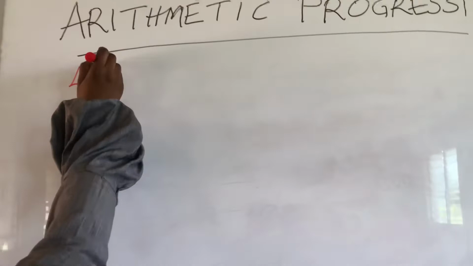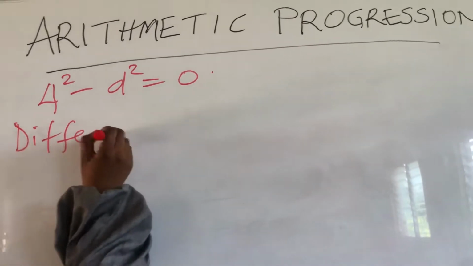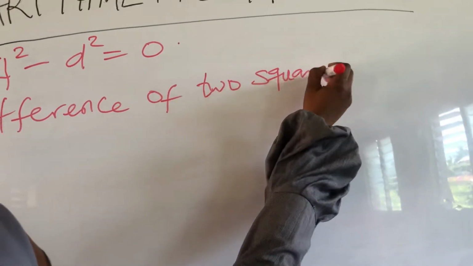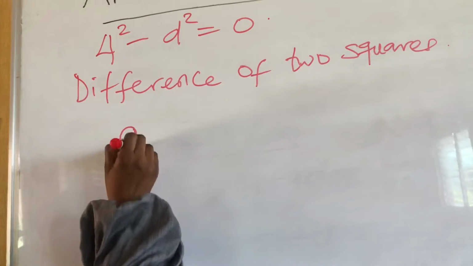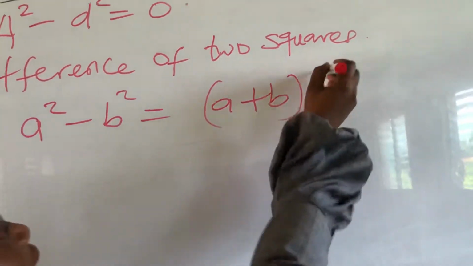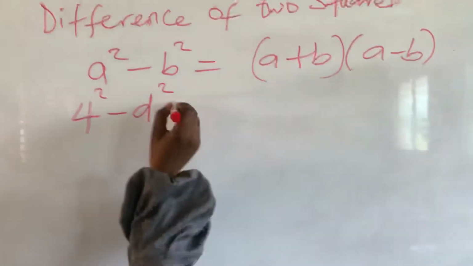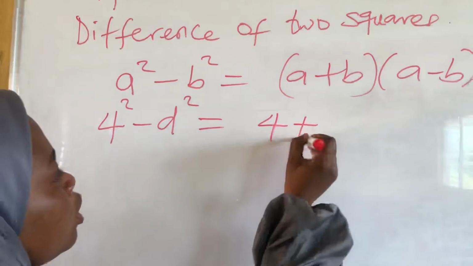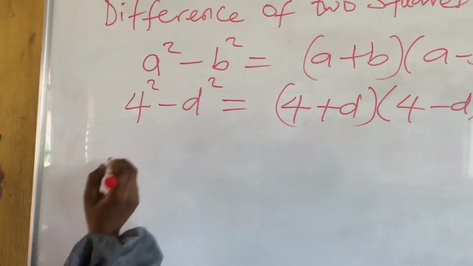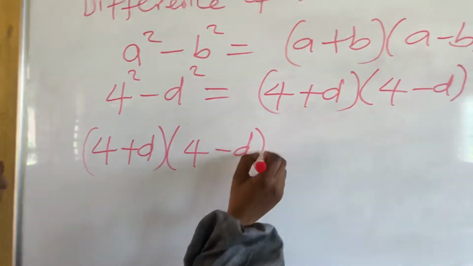Let me remind us that difference of two squares is in the form of A squared minus B squared, which is the same thing as A plus B multiplied by A minus B. Likewise, 4 squared minus D squared is the same thing as 4 plus D multiplied by 4 minus D. So we have 4 plus D multiplied by 4 minus D equal to 0.